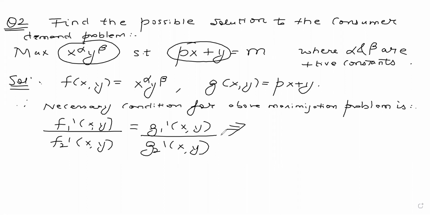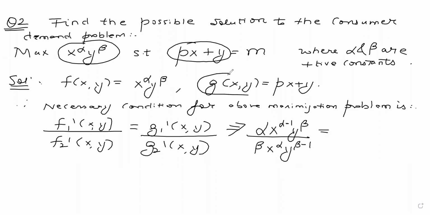What is f1 dash x, y? Differentiate with respect to x: alpha x to the power alpha minus 1, y to the power beta, upon differentiate with respect to y: beta x to the power alpha, y to the power beta minus 1, equals g1 dash. If I differentiate this with respect to x, I get p. If I differentiate with respect to y, I get 1.